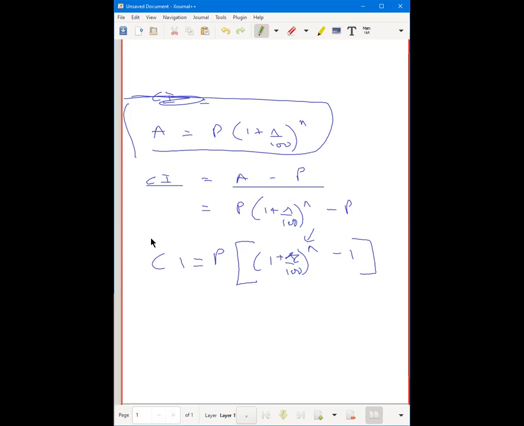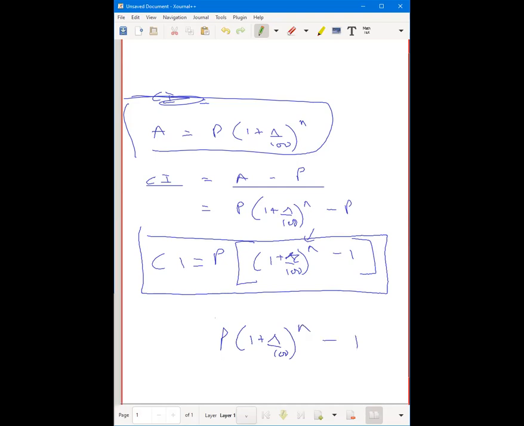If you want to know the direct formula for CI, you can use this one here. That's P into a big bracket, 1 plus R upon 100 raised to the power of N minus 1, bracket closed. Don't do this. A lot of times you all do 1 plus R upon 100 raised to the power of N minus 1.